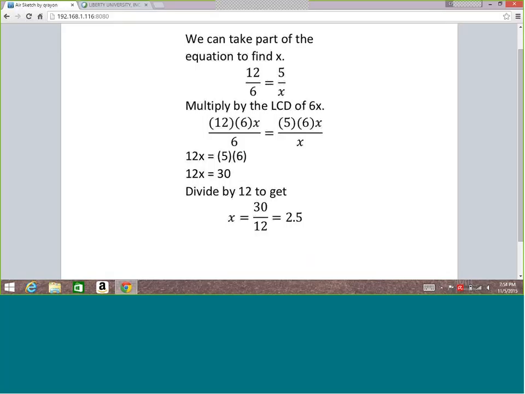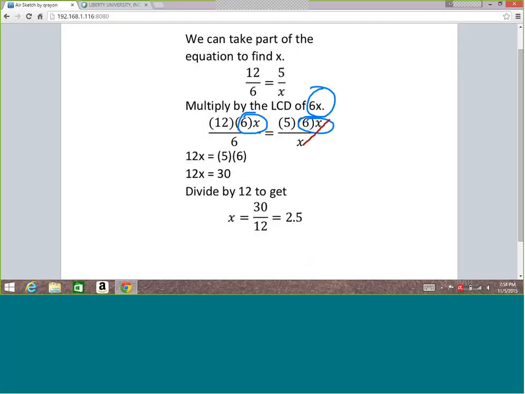I have 12 over 6 equals 5 over x. And just like I mentioned before, when you're solving equations with fractions in them, multiply by the least common denominator. And between 6 and x, the least common denominator is 6x. So I multiplied the left side by 6x, and I multiplied the right side by 6x.